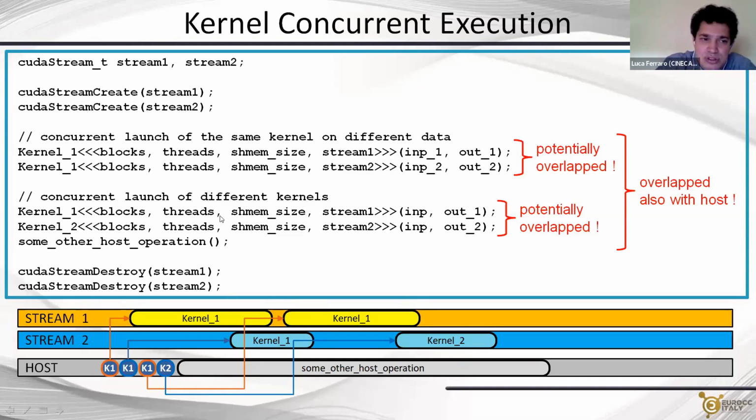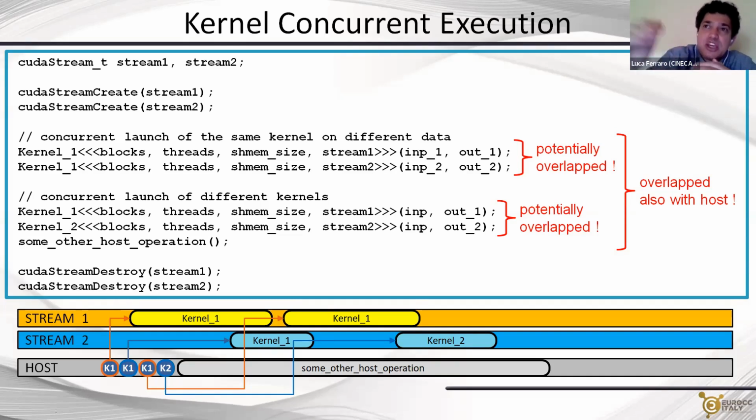But here, I also added some other host operation function call. This is to show that the launch of kernel 1 here, kernel 1 here, kernel 1 here, kernel 2 here, are all asynchronous operations.